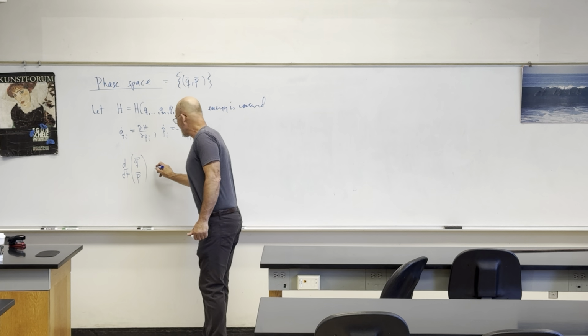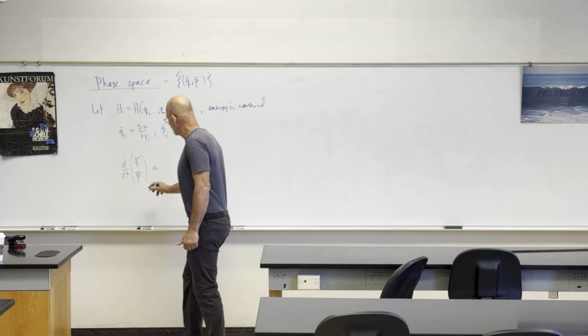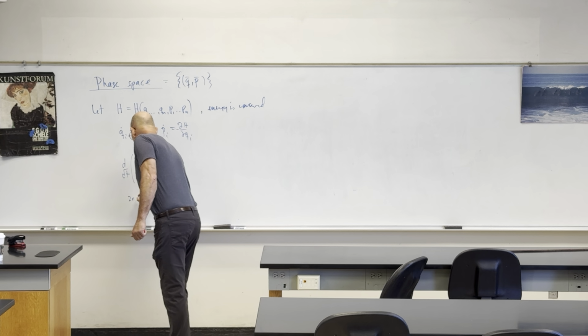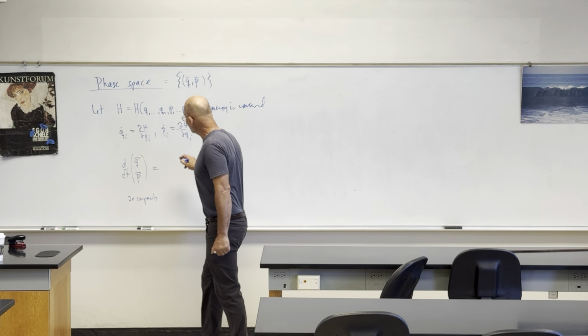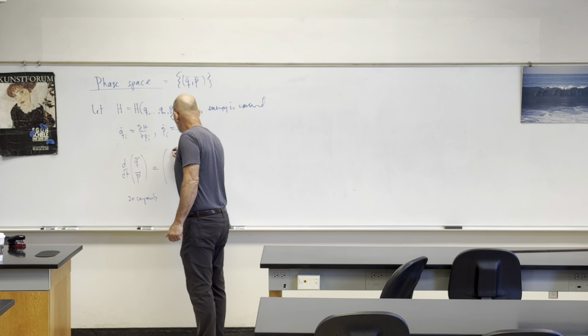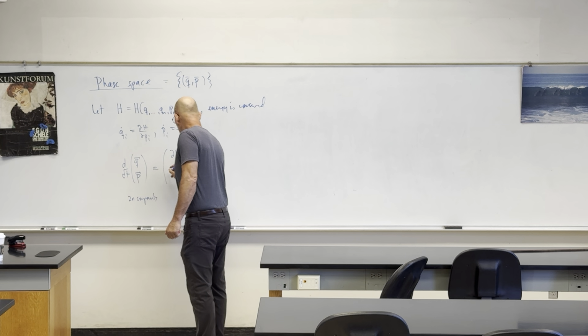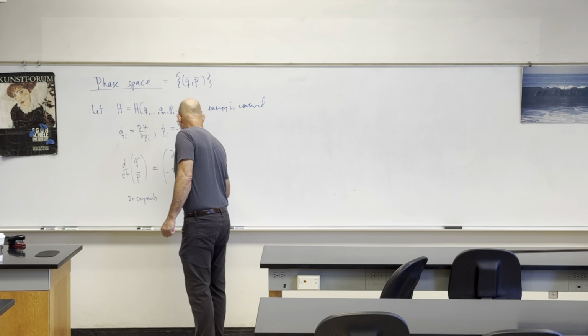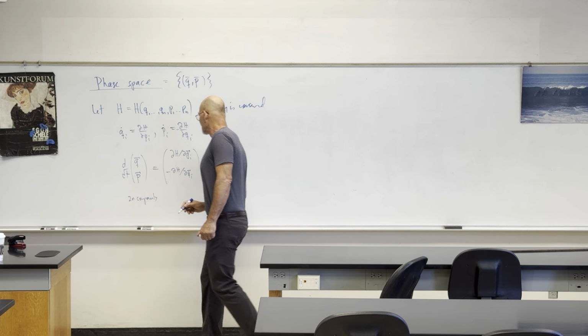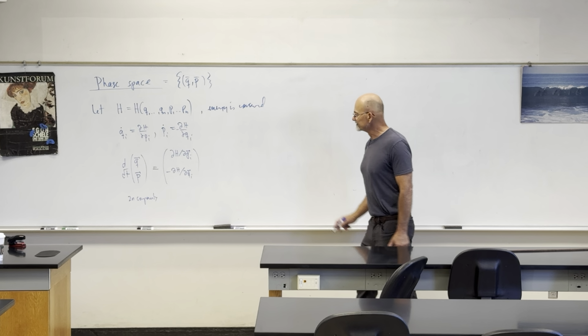And the right side would also be a vector. I'll write it this way: partial H over partial p_i, and the vector there, minus partial H over partial q_i.